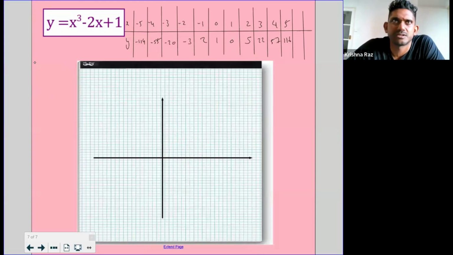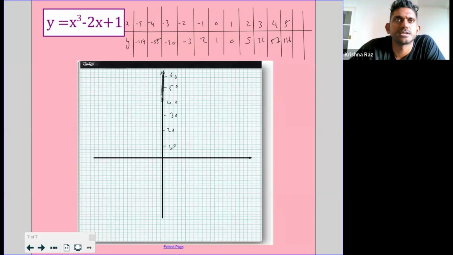Now we have to sketch it. This is not going to be the best graph, but 10, 20, 30, 40, 50, 60 going up, and 1, 2, 3, 4, 5 along the x-axis. Then minus 10, minus 20, minus 30, minus 40, minus 50, and maybe a minus 60, and minus 1 to minus 5.